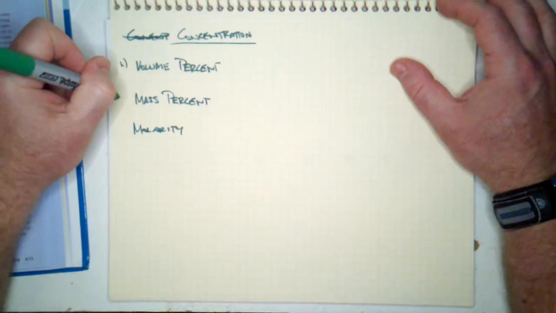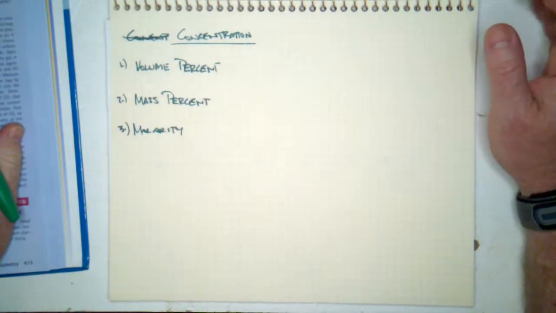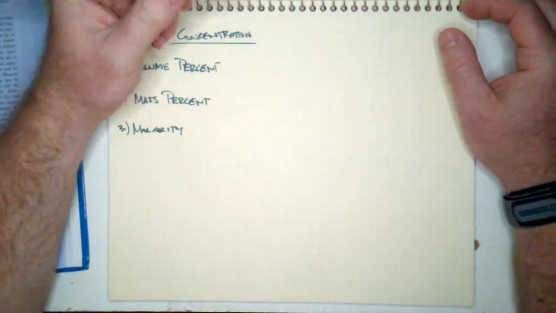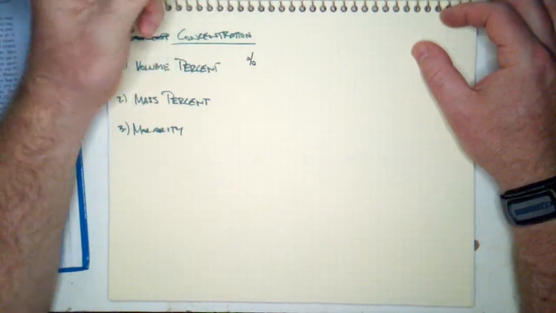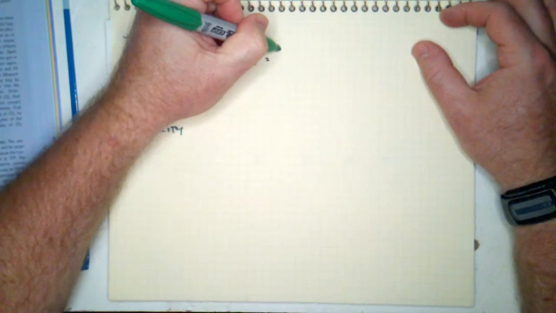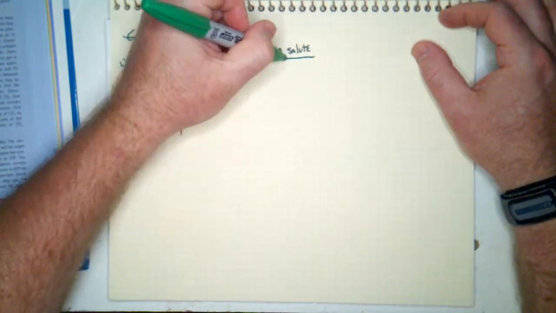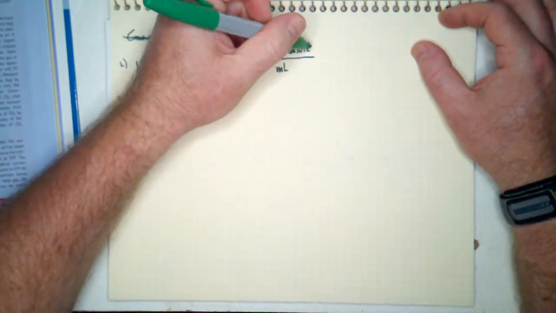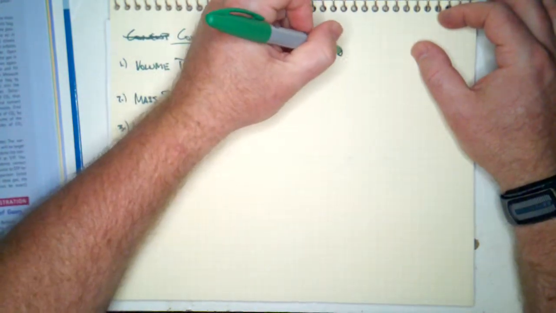Another important property of solution is explaining how much solute is in the solution. And there's three ways we do that: with the volume percent, a mass percent, and molarity. Now the percent of a solution, in this case we were doing alcohol, by volume, is the percent equals the grams solute divided by the milliliters of solvent times 100%.